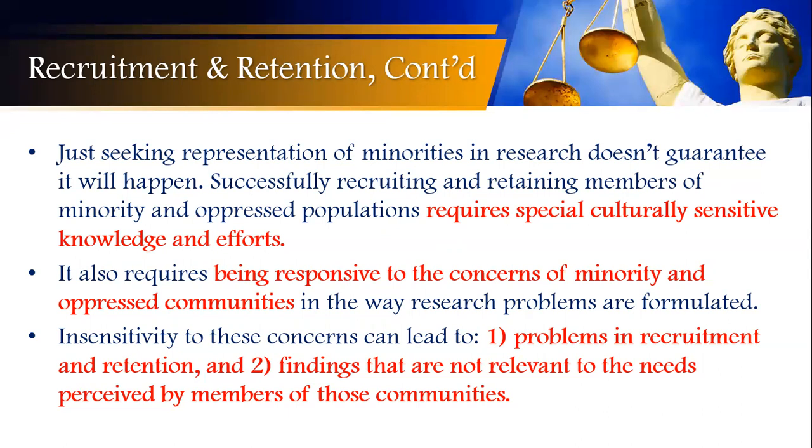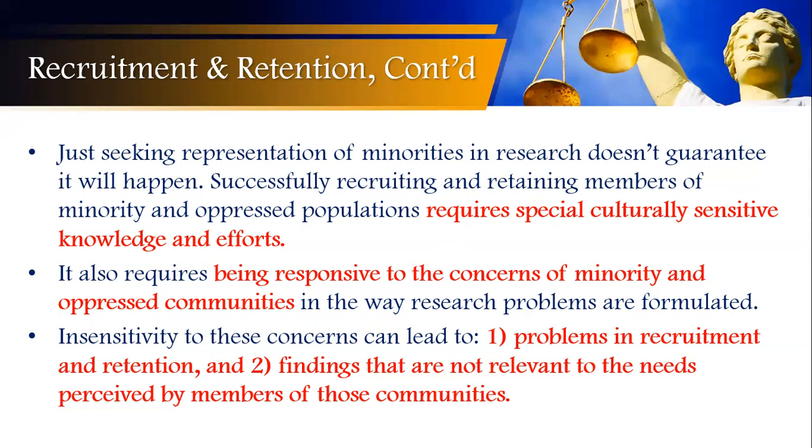And retention is particularly an issue in intervention research because interventions typically run over the course of time. Some interventions are longer than others, but they're typically more longitudinal in nature, meaning that we're studying this intervention over time. It's not a one-shot kind of study where we go in and collect survey data and we're done.